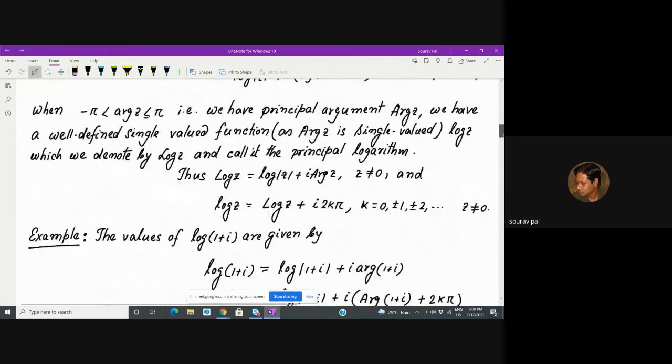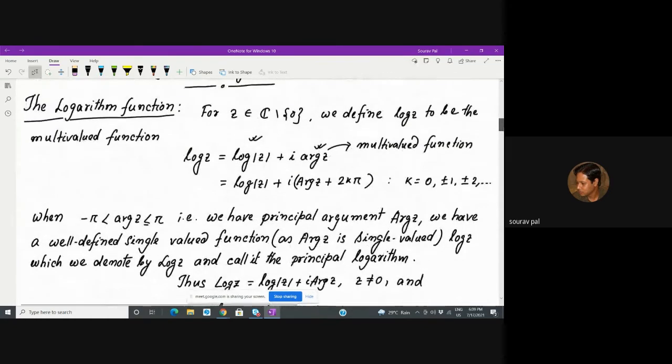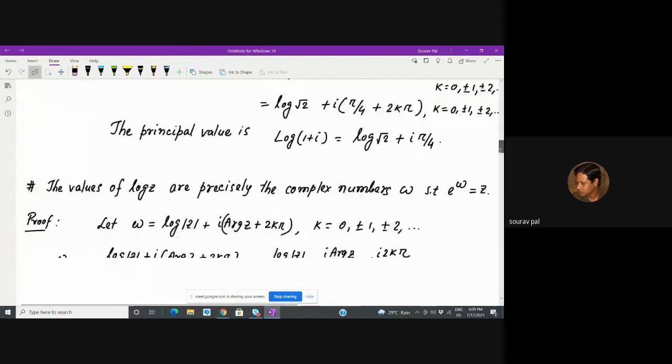Okay. So this is the definition. It's defined for all non-zero complex numbers, and it is defined this way. Okay. So this argument is held fixed. You can choose some other arguments. Here, this argument lies in between minus pi and pi. As I said, you can choose some other also.